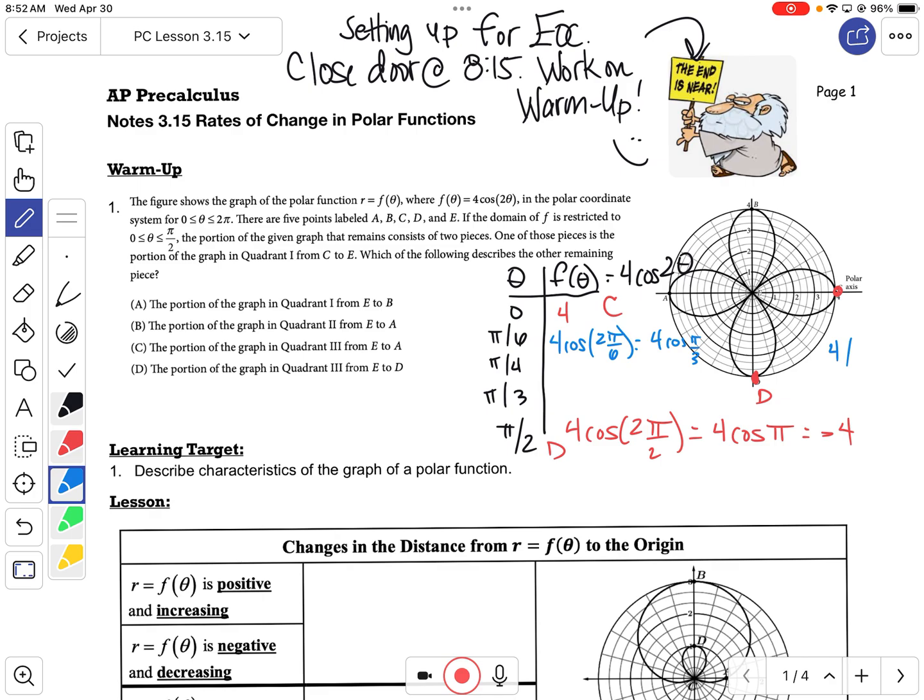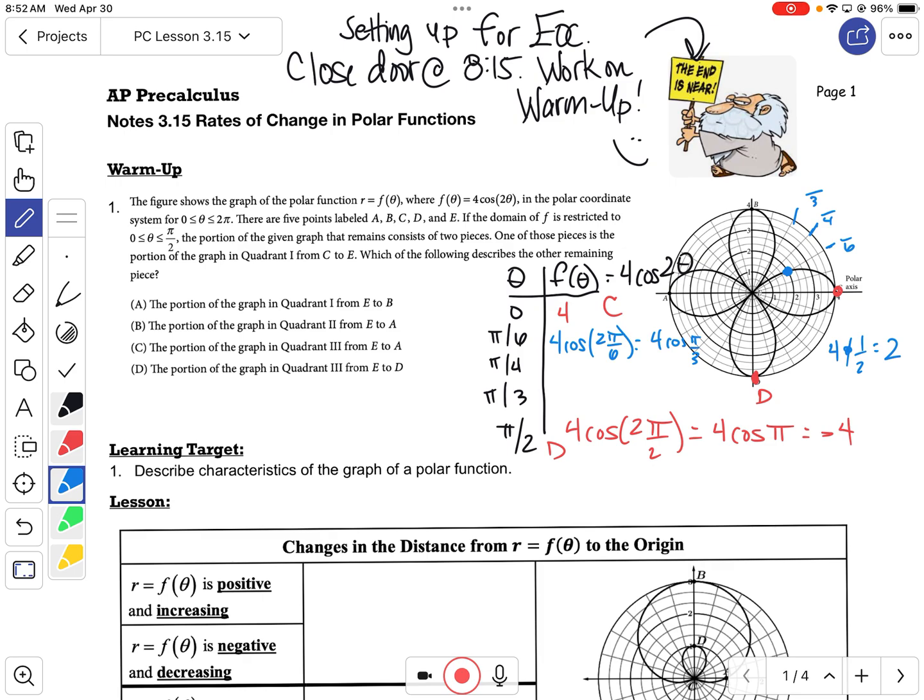It's 1/2, so 4 times 1/2 would just be 2, okay? So if we go to the pi over 6 line, so this is pi over 4, this would be over 6, this one's going to be my over 3, just as a reference, okay? When I go to over 6, I would go out 1, 2, so that's that piece right there, okay? So it tells me that part of it is from C to E.